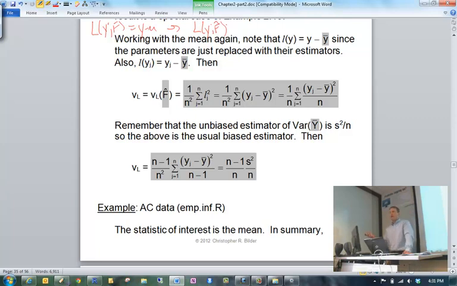So mu, we know, is the integral of y dF of y. Now we're going to say integral of y dF hat. So that mu becomes simply y bar. So this is my empirical influence function.